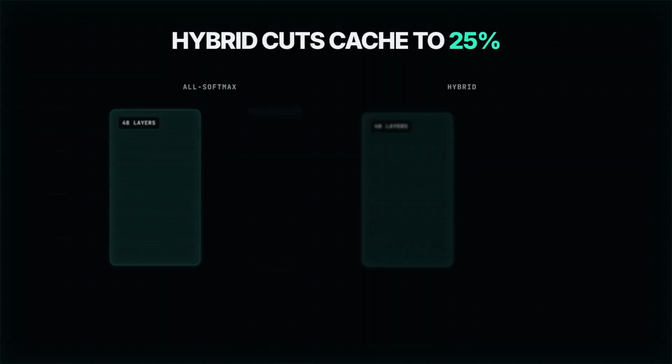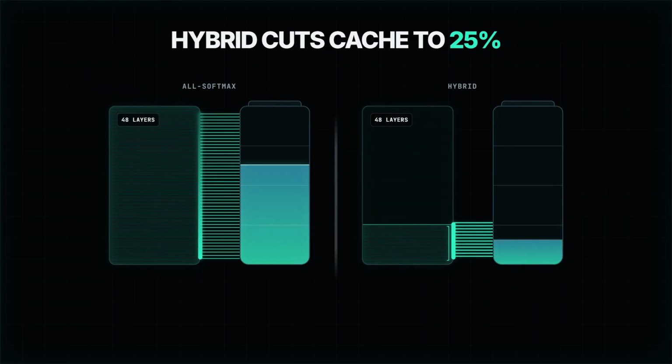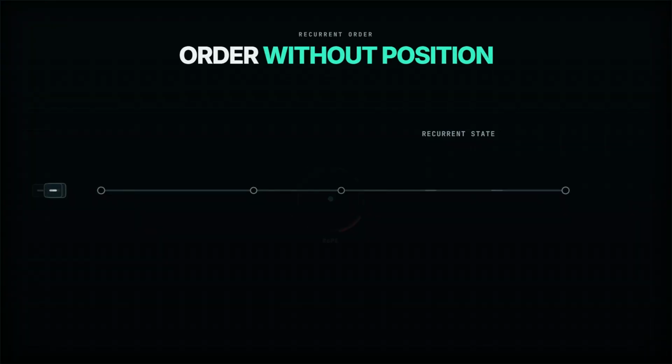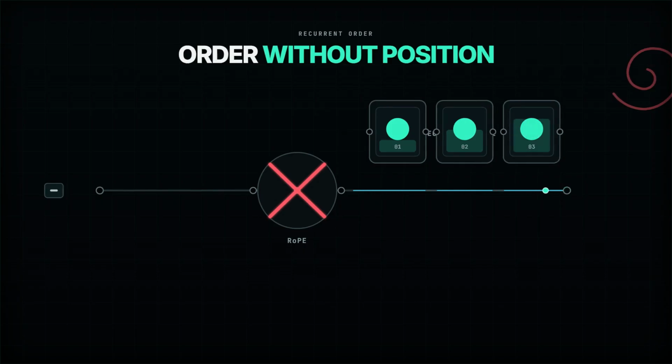Only the softmax layers retain a conventional key-value cache. Upstage says this holds long context memory to roughly 1/4 of an all-softmax model with the same shape. The softmax layers use no positional encoding, while linear layers carry order in recurrent state. Upstage presents this NOPE design as a way to avoid rotary position extrapolation limits at extreme lengths.